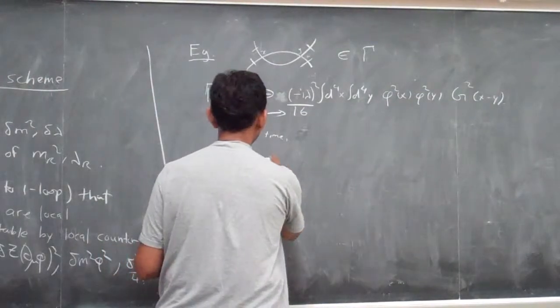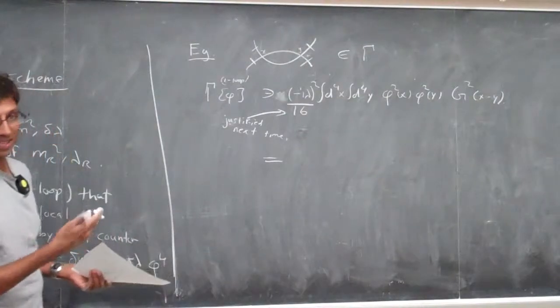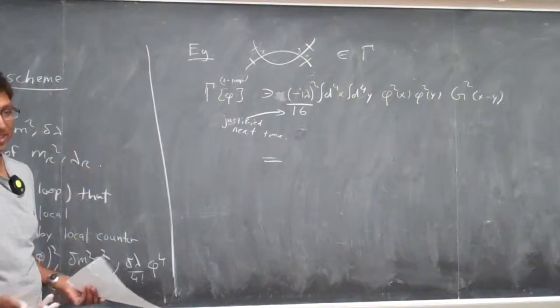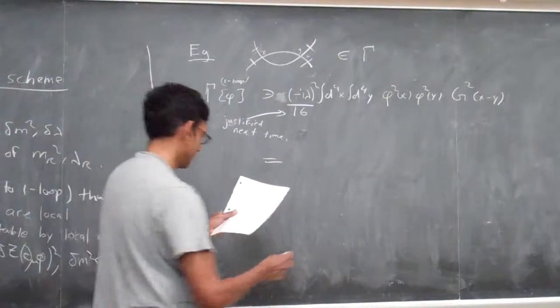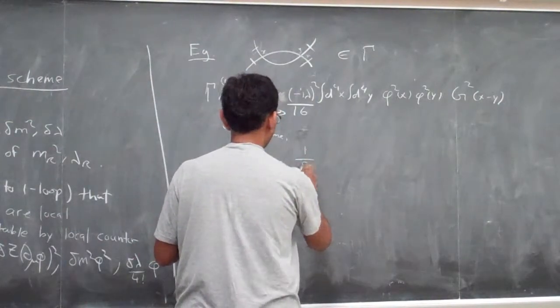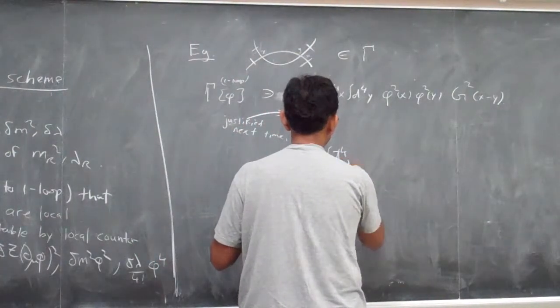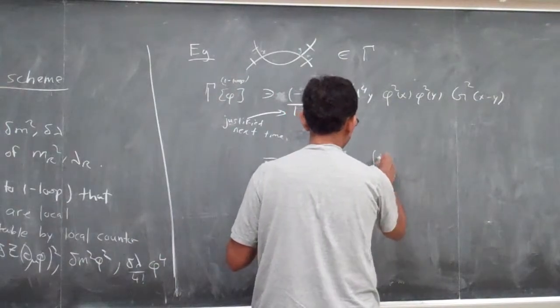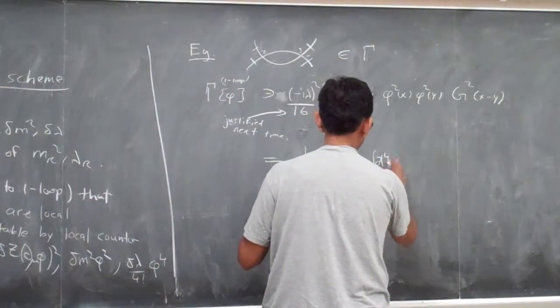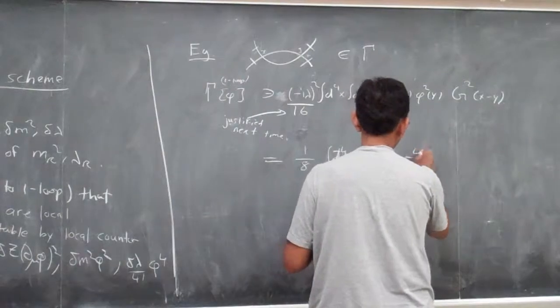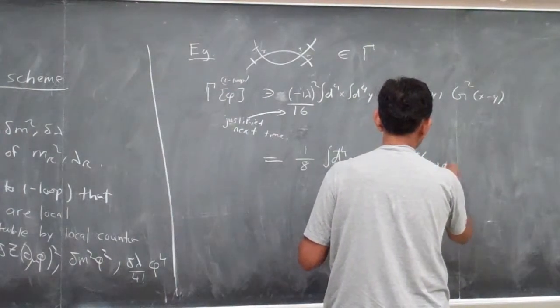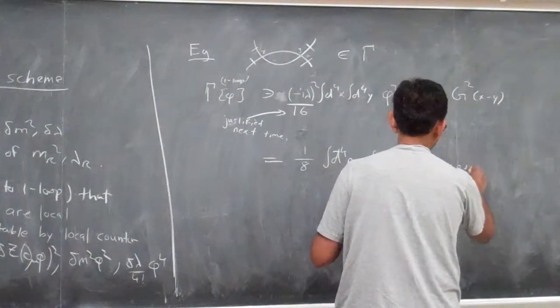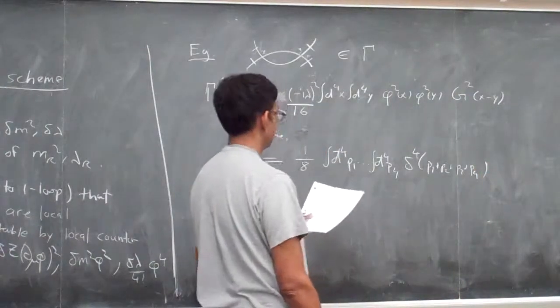And I can, however, just conceptually, think in position space, but I calculate in momentum space like everybody else. So this is equal to 1/8 integral d4p1 down to integral d4p4, but secretly with a delta function, p1 plus p2 plus p3 plus p4, everybody's incoming momentum.